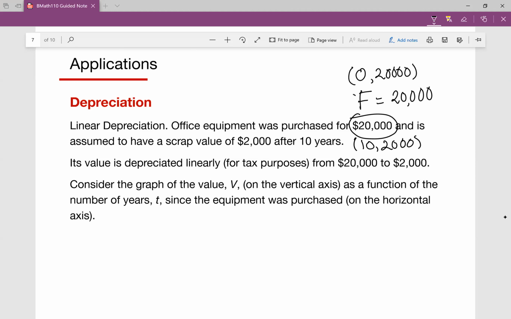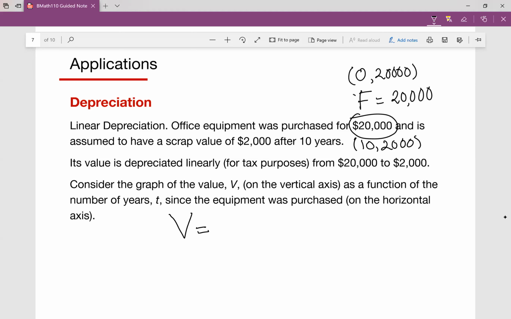So, consider the graph of the value V on the vertical axis. I will have V as the y value.